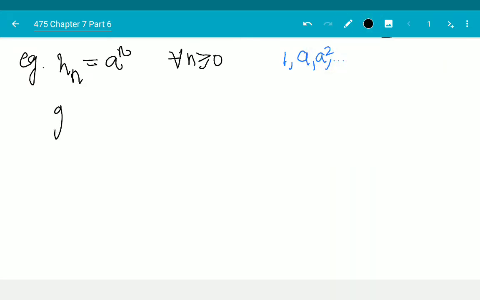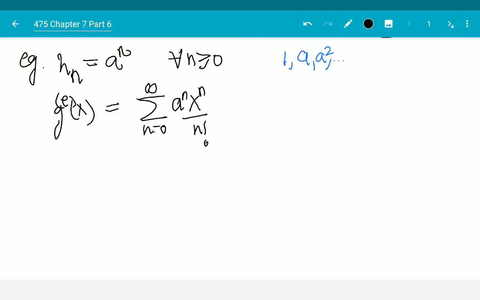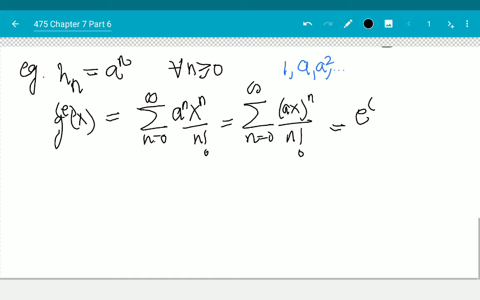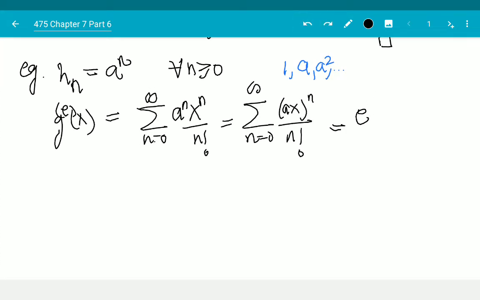Then my g_e of x is equal to summation n equal to 0 to infinity of a to the n x to the n over n factorial, which is equal to summation of (ax) to the n over n factorial, which is equal to e to the power a times x.